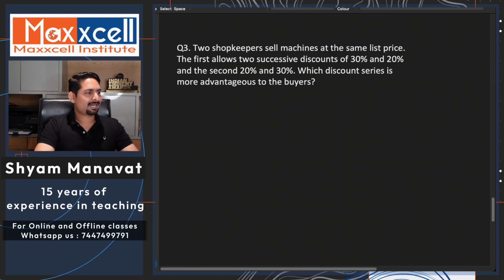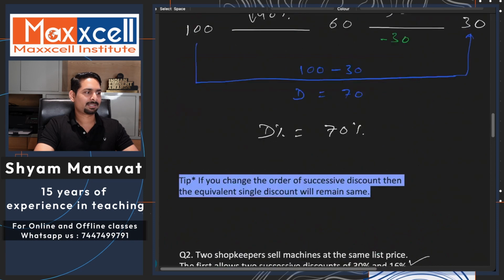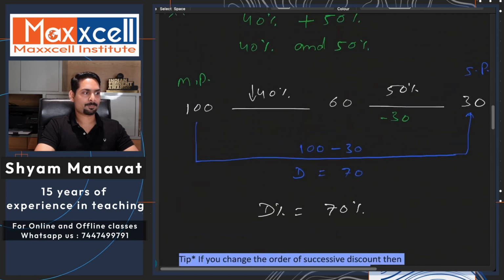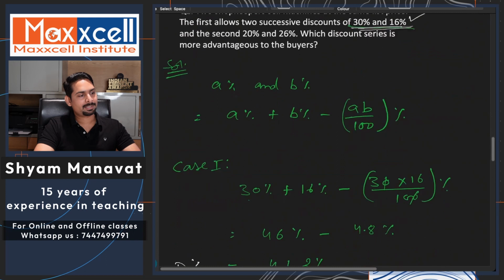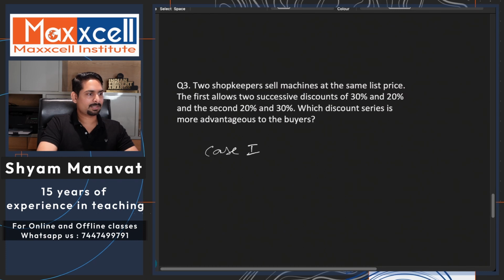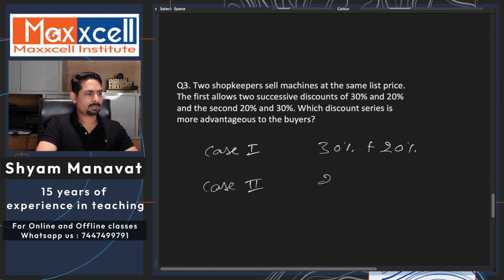I have given you one example here. If you change the order of discounts, then the equivalent single discount will still remain the same. We took one example, 40-50, 50-40. So if it is 20-30, case 1 is 30 and 20, and case 2 is 20 and 30.